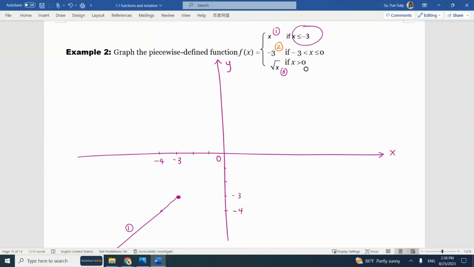It's a constant function, right? And here, do we put an open circle or solid circle? Solid, because it's less than or equal to 0. It includes the endpoints, right? So we put a solid circle here. This is the second piece.